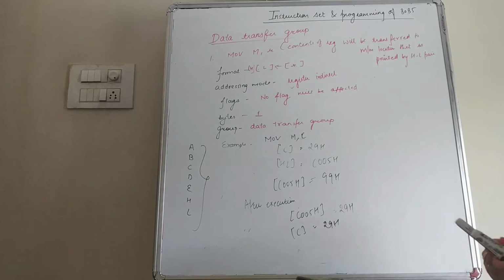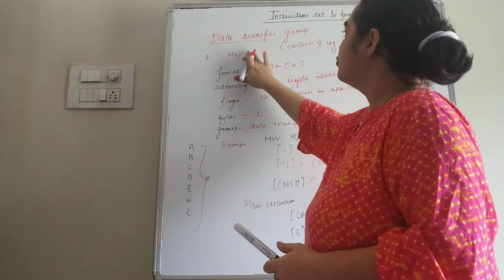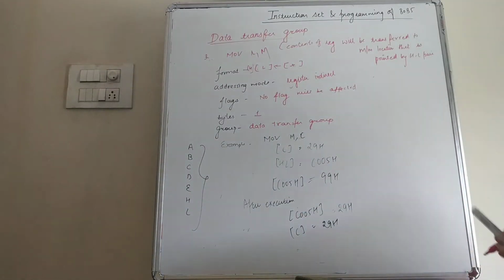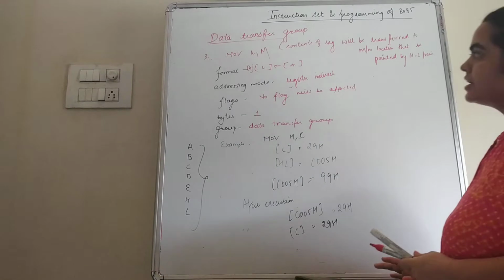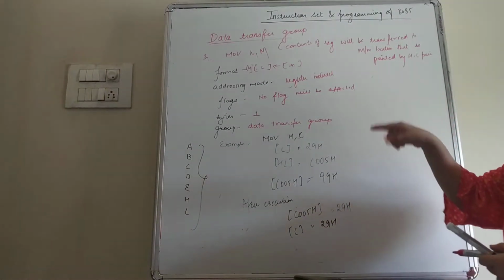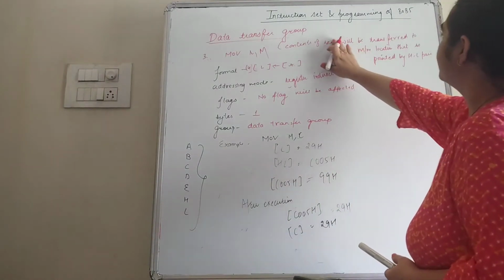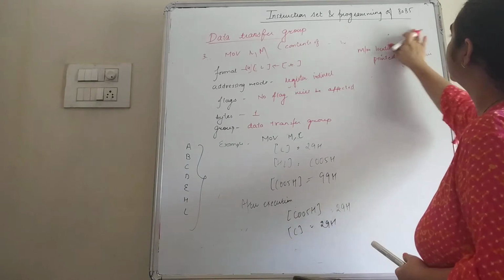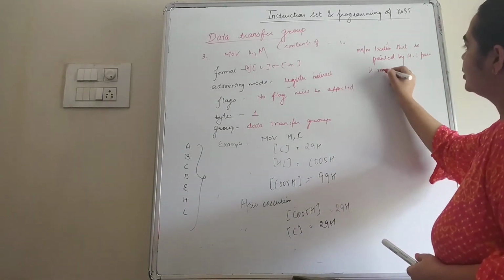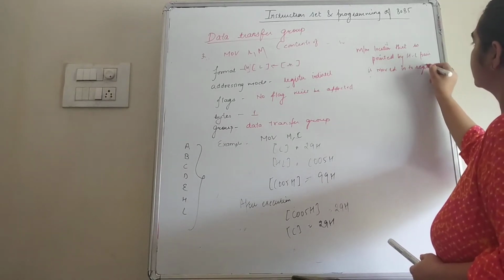After this, the third instruction we have is move the contents of memory into R. That means the contents of the memory location pointed by the HL pair will be moved into the register.